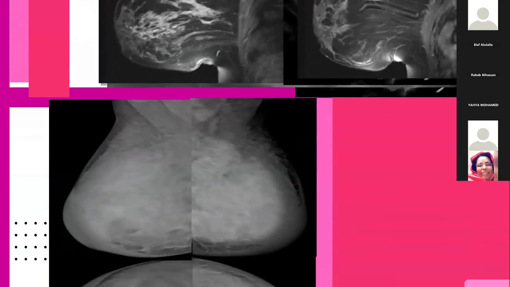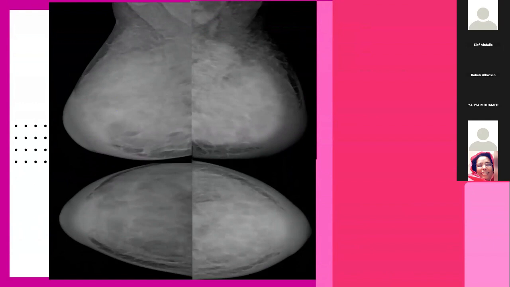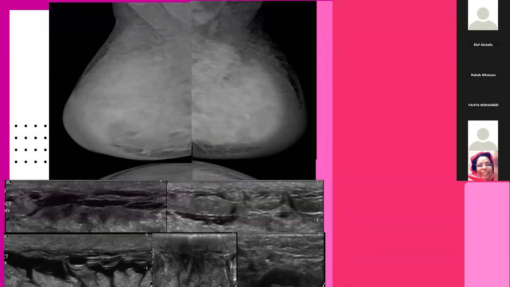This patient has bilateral diffuse breast edema, okay? We don't know if it is systemic or due to underlying breast disease.